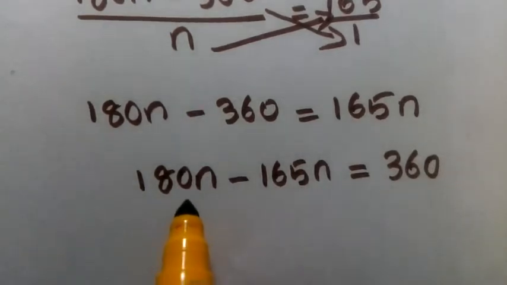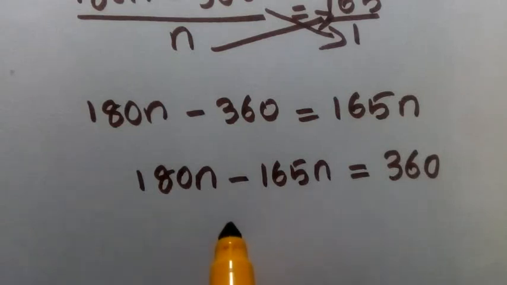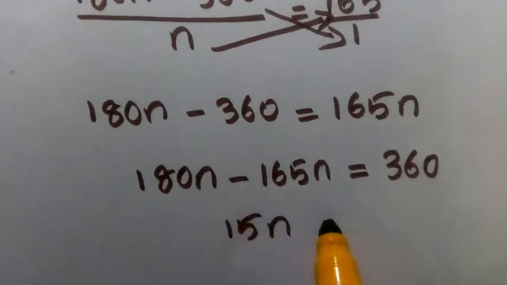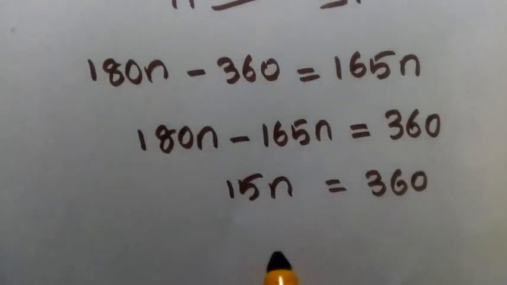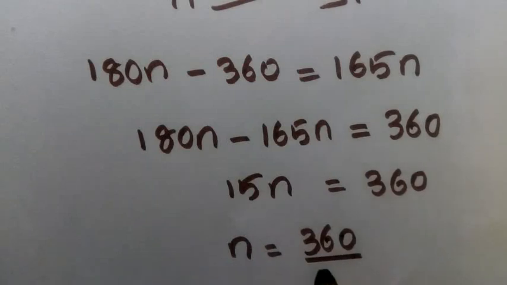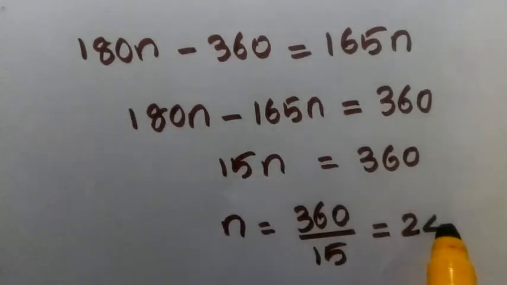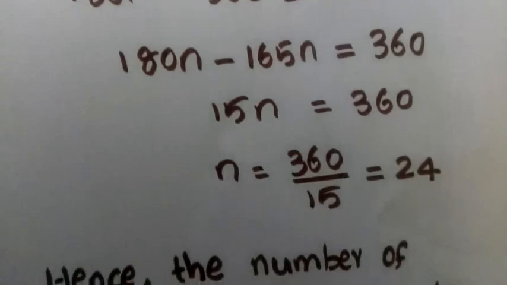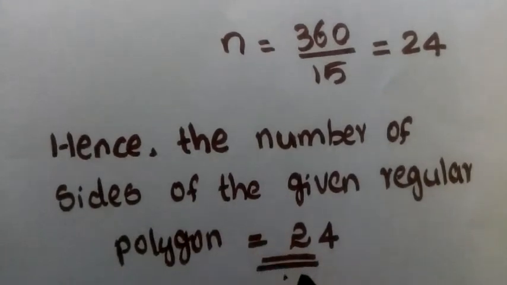Next step, 180n minus 165n is 15n is equal to 360. From this, n is equal to 360 divided by 15. What is 360 divided by 15? Yes, it is 24. Hence, the number of sides of the given regular polygon is equal to 24.